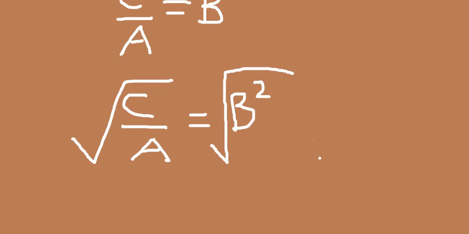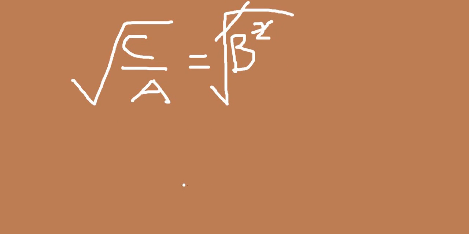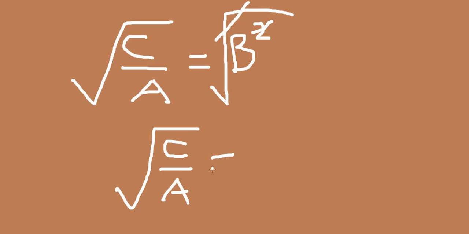And we are going to find that after we have written like that, the root cancels with the square here. So B has remained alone. So the square root of C over A now equals B itself.